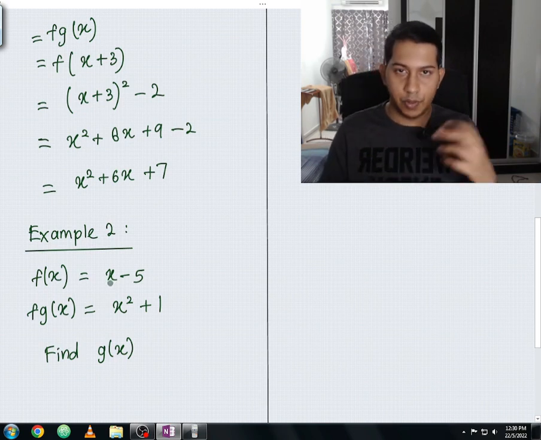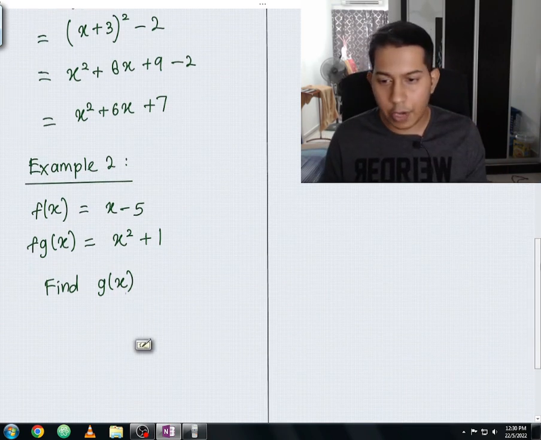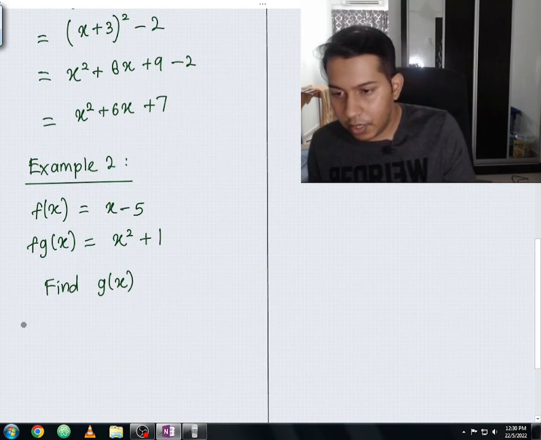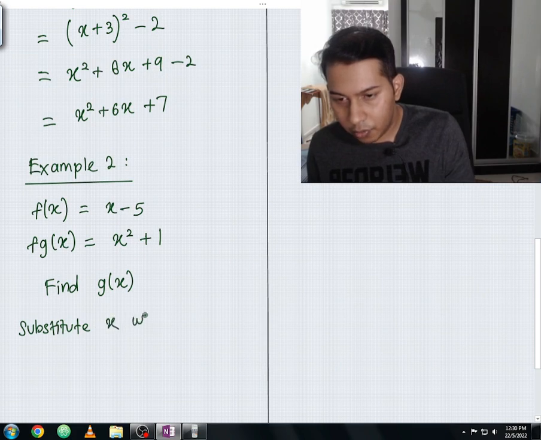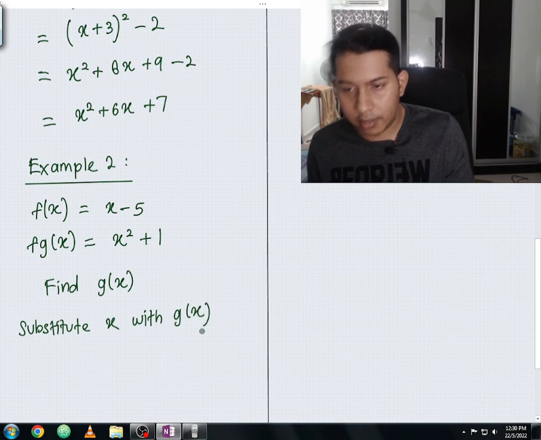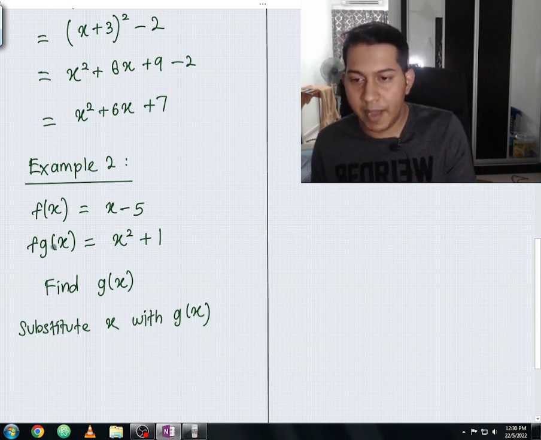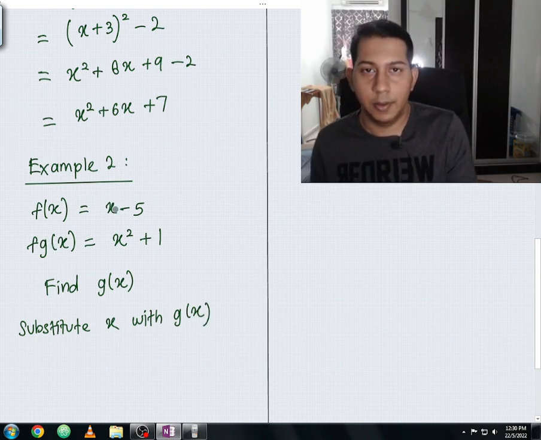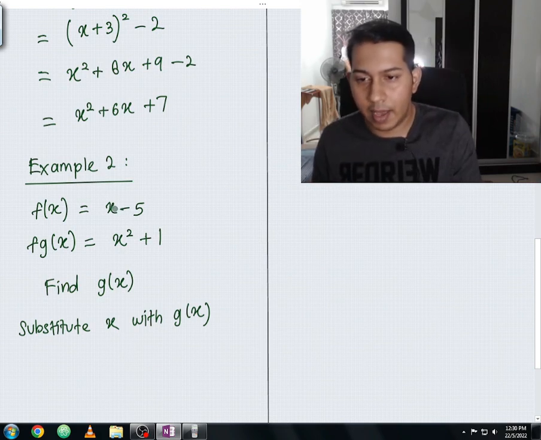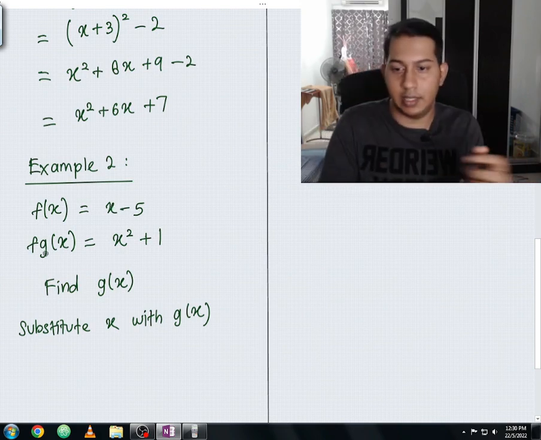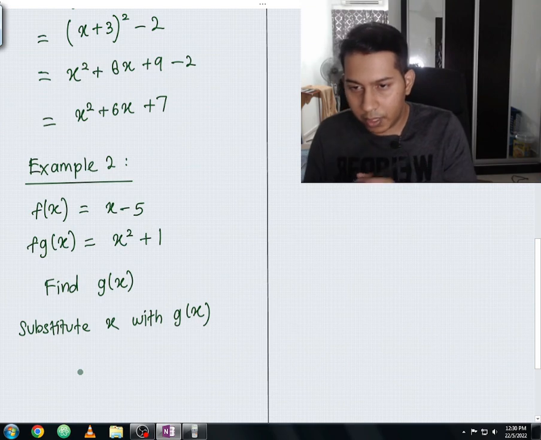So your first step is you need to substitute x with g(x). So this g(x) will be mapped into f(x). The whole g(x) will be mapped into the f(x), and that's how you get the fg(x), guys.